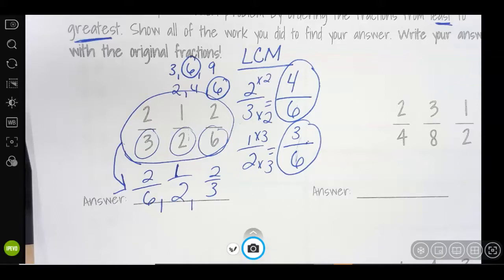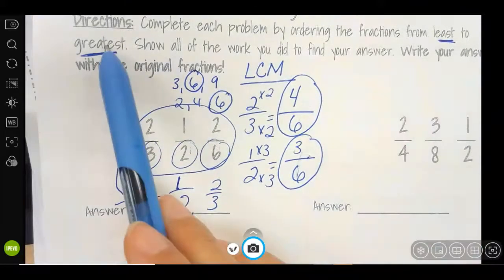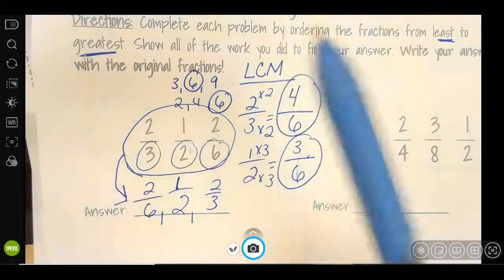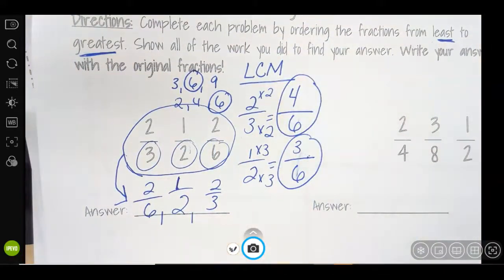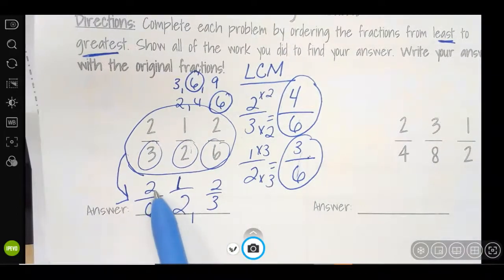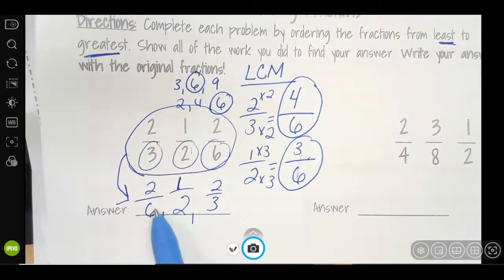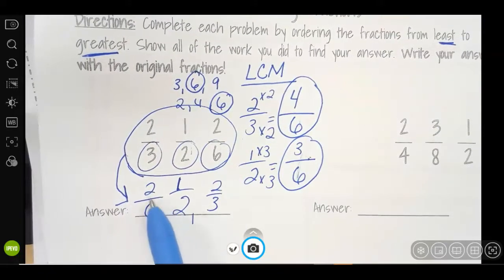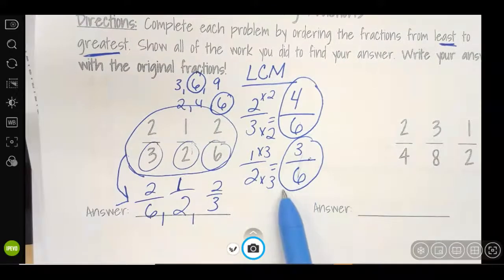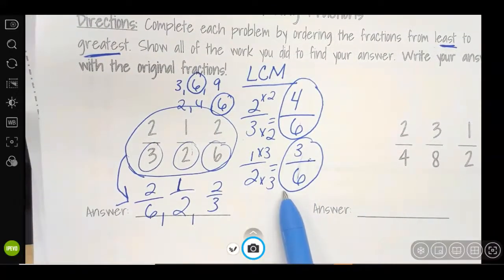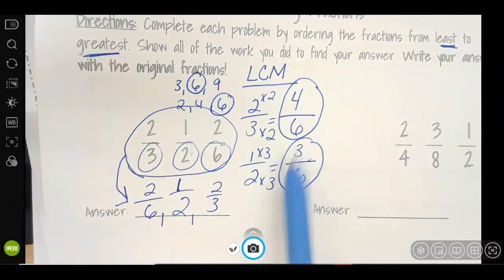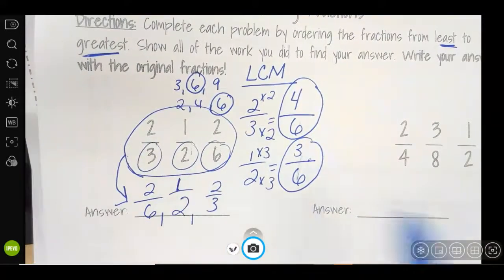Is it going backwards? It's going from least to greatest. So smallest to biggest. Isn't 2/6 the greatest? If you had 2 of the 6 pieces shaded in, that is less than 3 of the 6 pieces. Okay? Remember, these are the equal fractions we found to help us put them in order.